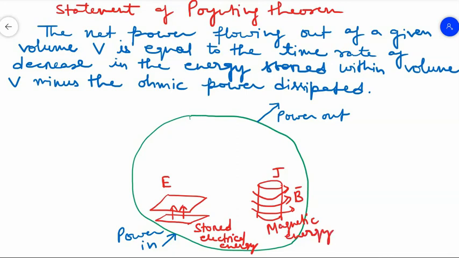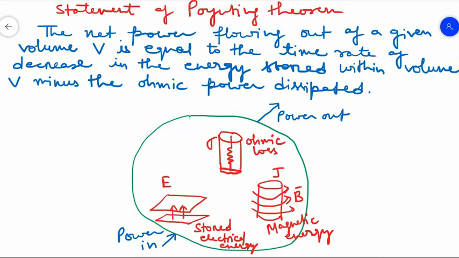Some part is stored as electrical energy, some part is stored as magnetic energy, and the remaining part is wasted as loss. This is your ohmic loss. Okay, so what is the statement?